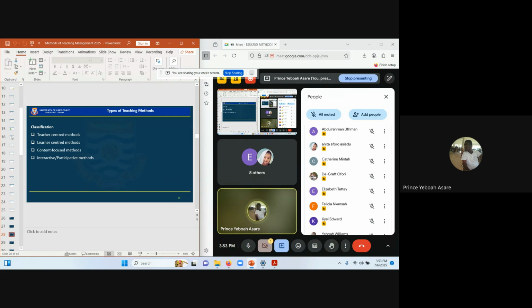In such areas, we expect learners to take the center stage of the class. So in a learner-centered method, learning is focused on the learner rather than the teacher, with the learner as the center of the class or the lesson. And we have the methods. I know you know, I don't want to worry myself with the methods.